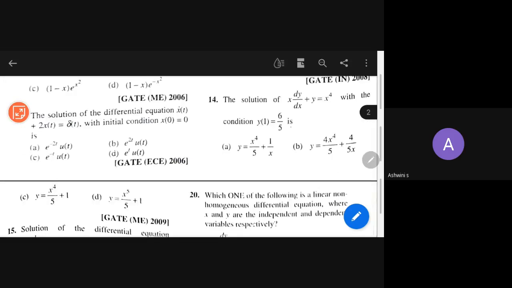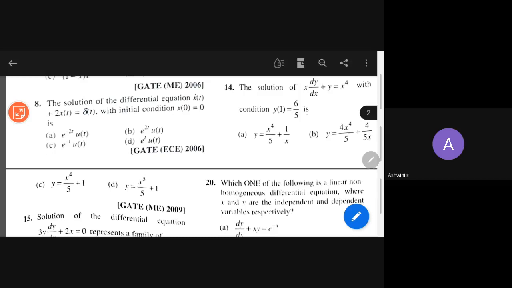Why extra, he is getting 1? We don't get 1 there. Okay, please check. I think the answer is C. He may be giving the answer as C.